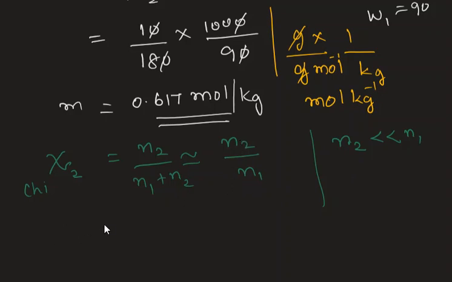Then that is equal to, now N2 means what? N2 means W2 by M2. And what about N1? N1 is W1 divided by M1. So we can substitute and get the answer.